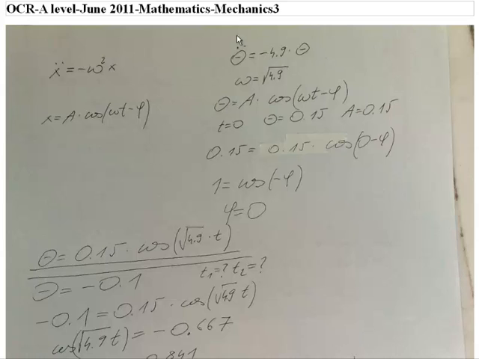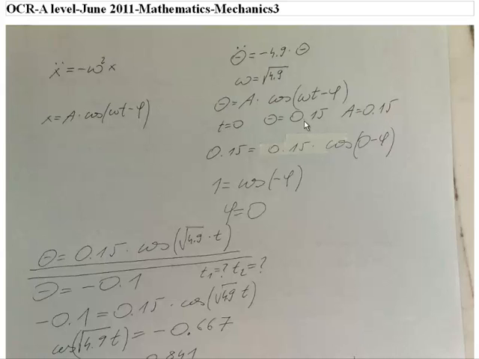Now we have this equation, and if we compare these two equations, we can see that omega is equal to the square root of 4.9, and theta is equal to this equation, and we know the initial values.